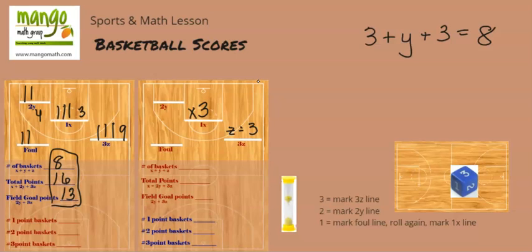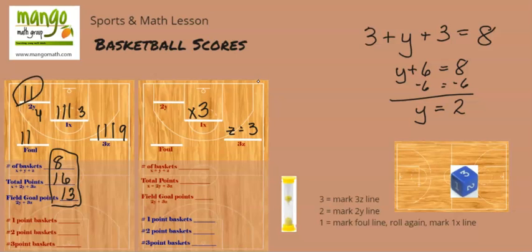And I'm going to then add the 3 and the 3, which gives me 6. So I have y plus 6 equals 8. I'm going to take the 6 off of this side, so I'm going to do -6 on this side too, which gives me y equals 2, which was what I made at y.